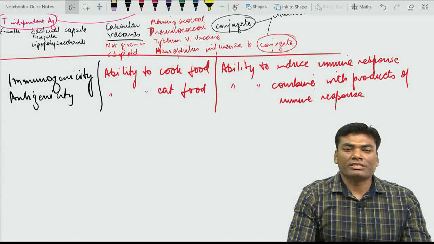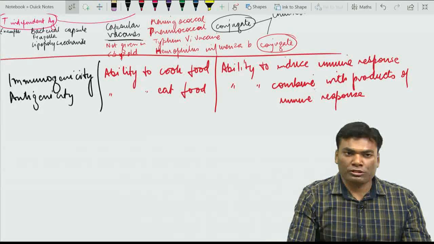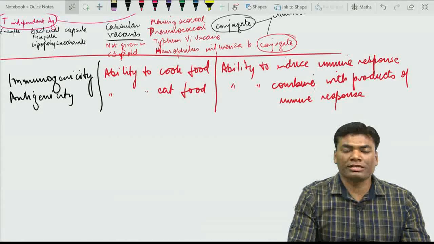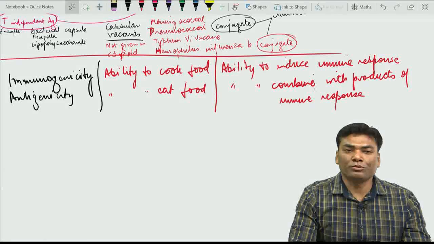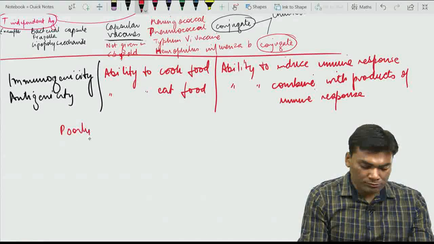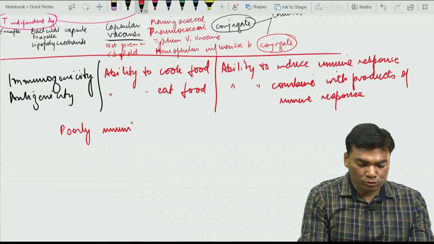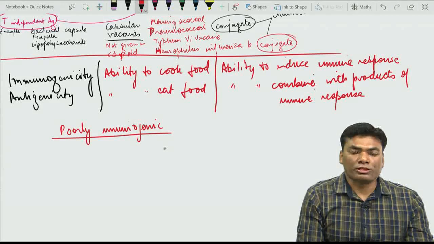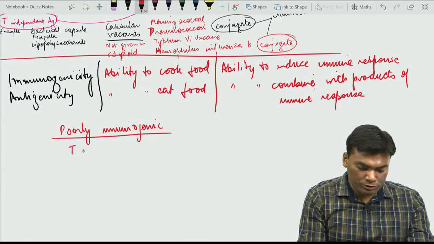So immunogenicity is the ability to induce immune response, and capsular antigens are not very good. They are poorly immunogenic, right? Endotoxin is poorly immunogenic. Hapten is poorly immunogenic. And antigenicity is the ability to combine with products of immune response.